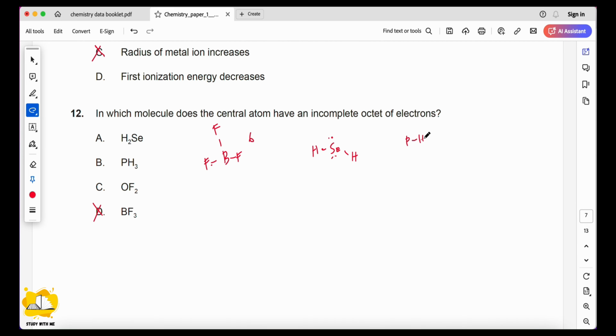And PH3, it will be 1, 2, 3, 4, 5, 6, 7, 8 as well. And then for OF2, it will be 1, 2, 3, 4, 5, 6, 7, 8 as well. So only BF3 has an incomplete octet of electrons.